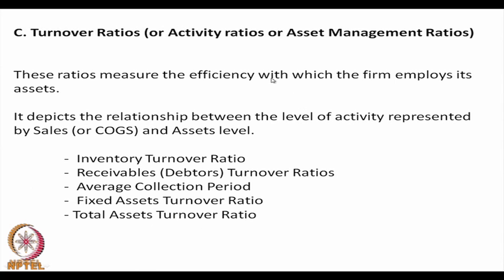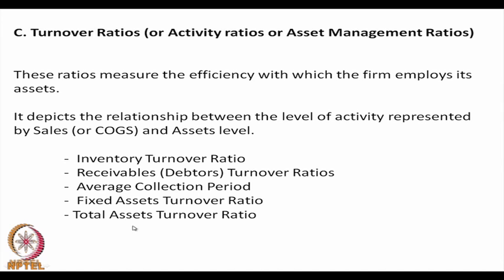Next, we talk about the turnover ratios or activity ratios or asset management ratios. These ratios measure the efficiency with which the firm employs its assets. It depicts the relationship between the level of activity represented by sales or COGS and the assets level.